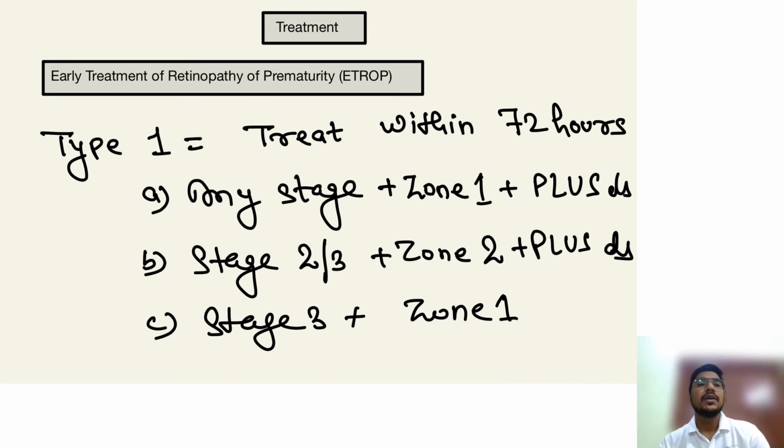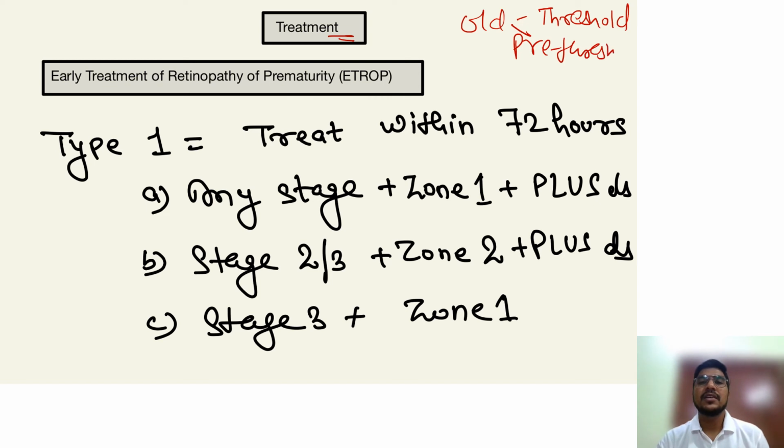Moving to the treatment part. Basically, previously, the old theory was that they identified threshold disease and pre-threshold disease.